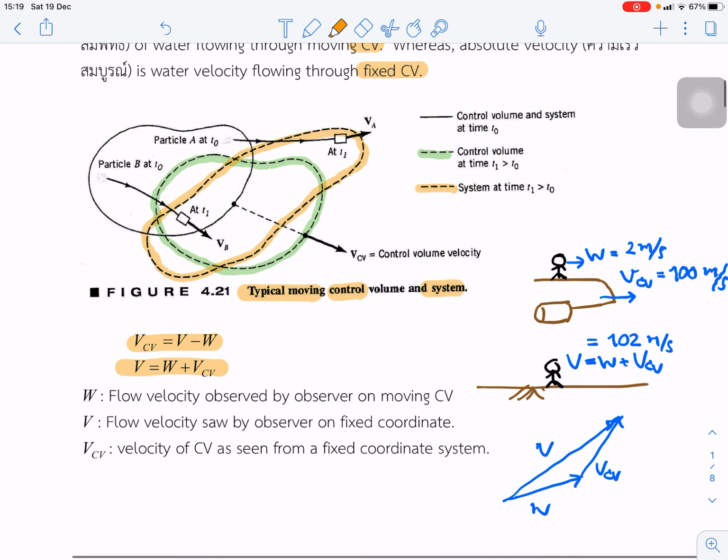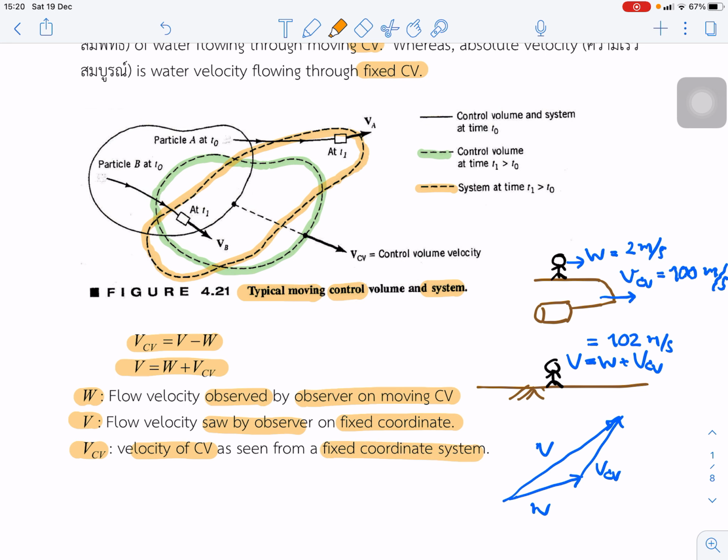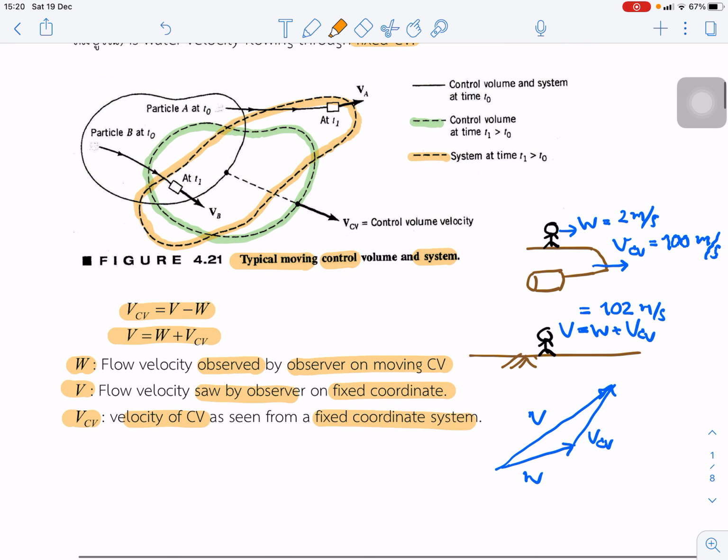So W is the flow velocity observed by the observer on the control volume, V is the flow velocity seen by the observer on a fixed coordinate, and VCV is the velocity of the control volume as seen from the fixed coordinate system.